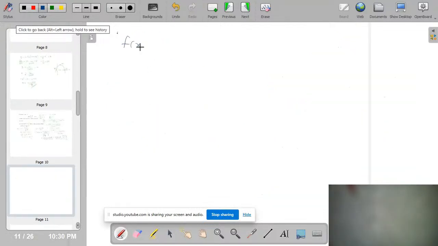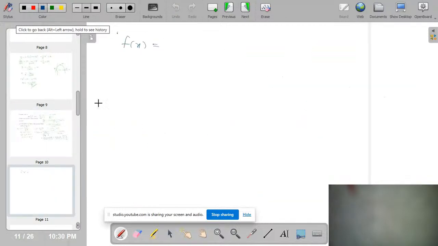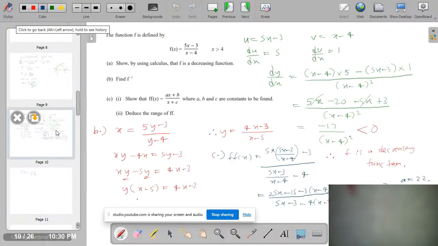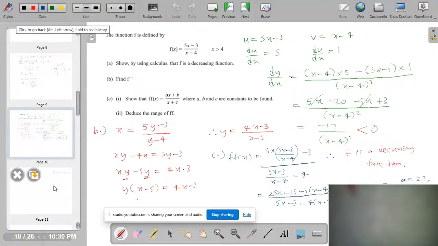f of x equals 5x minus 3 over x minus 4. Right. Alright, the composite function 22x minus 3 over x minus 30x plus 30.